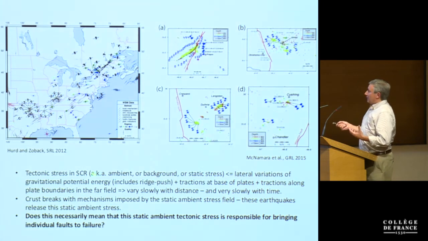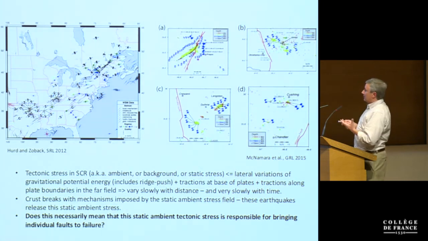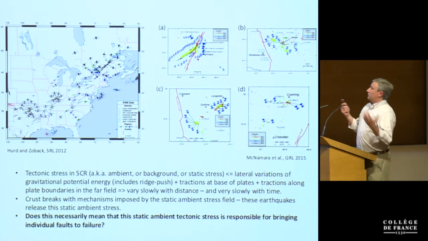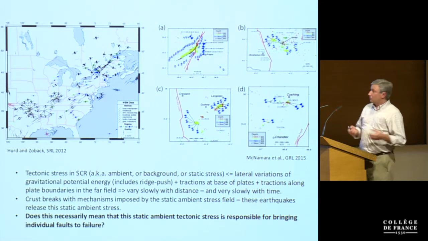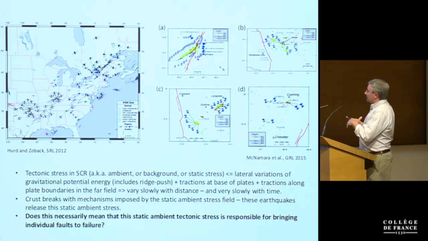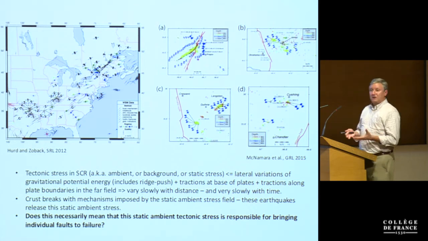And when I talk about tectonic stress here, or ambient stress, or background stress, or static stress, what I talk about is the combination of forces that result from natural variation of gravitational potential energy. That includes ridge push that we heard about this morning, traction at the base of the plates, and tractions along the plate boundaries in the far field.